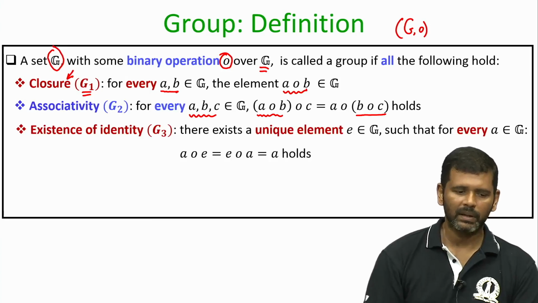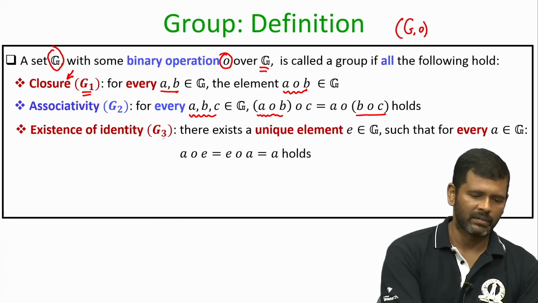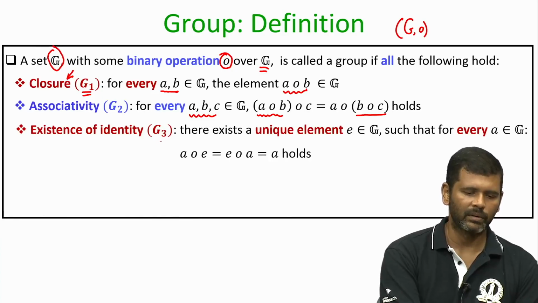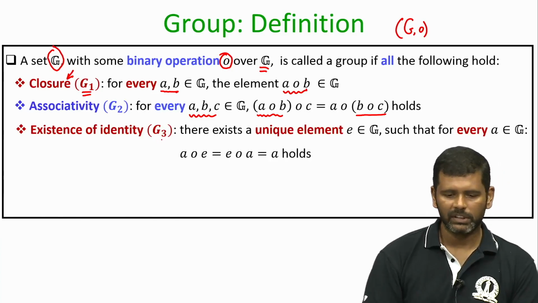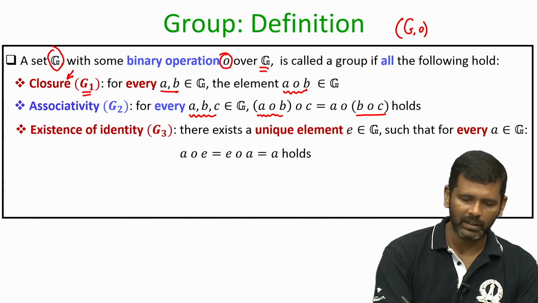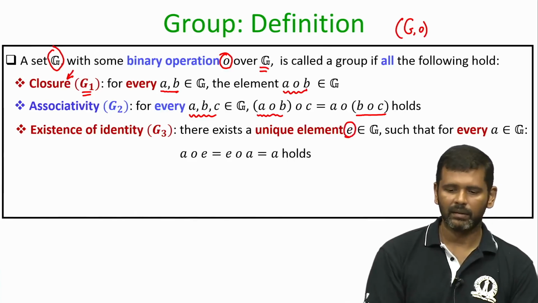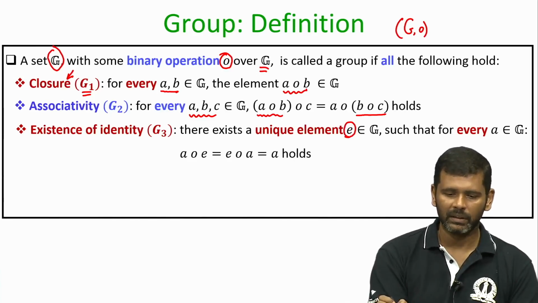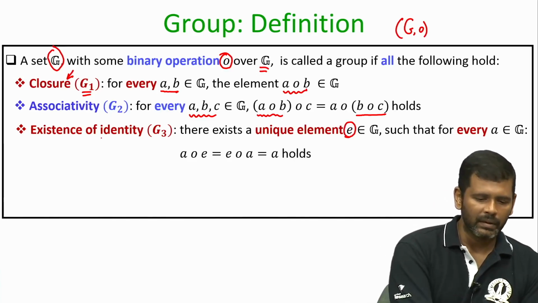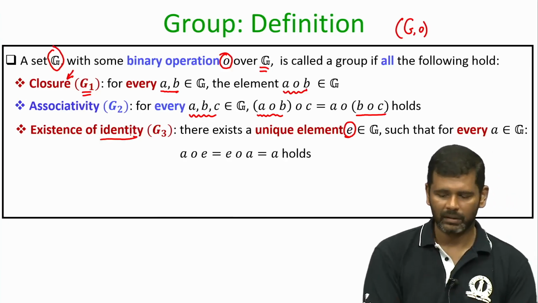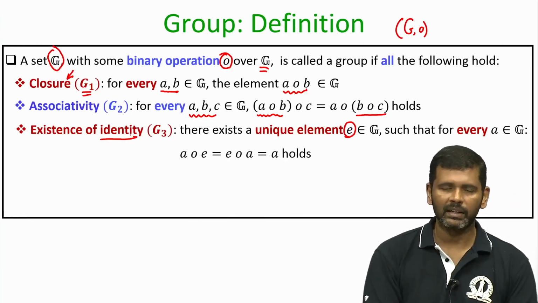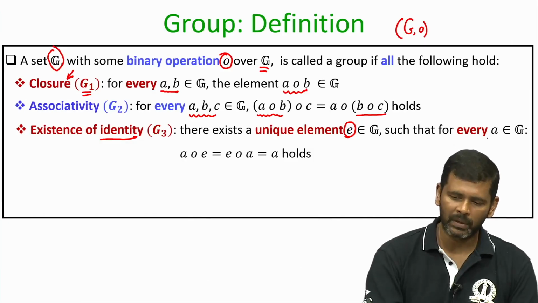The third property or the axiom is the existence of identity denoted by G3, which demands that there should be a special element, in fact a unique element, which we denote by e, present in my set big G, which is called the identity element, such that the identity element satisfies the following property for every group element.